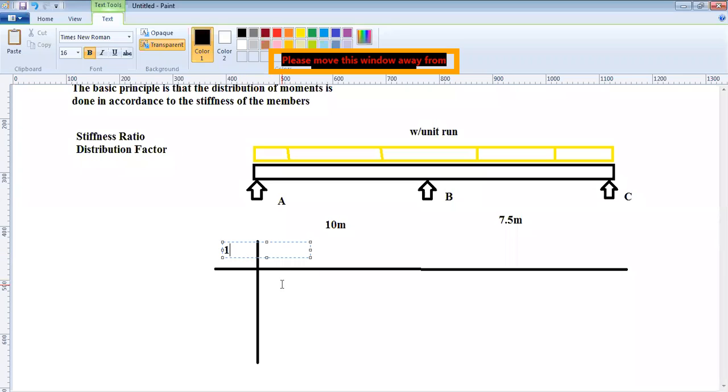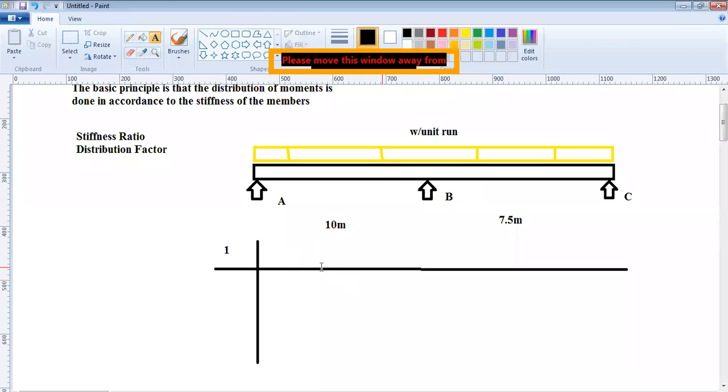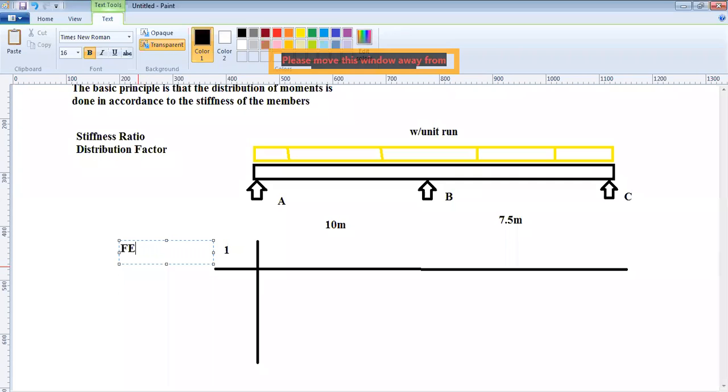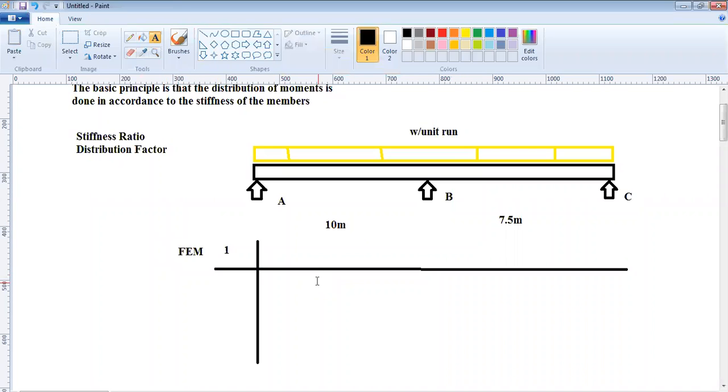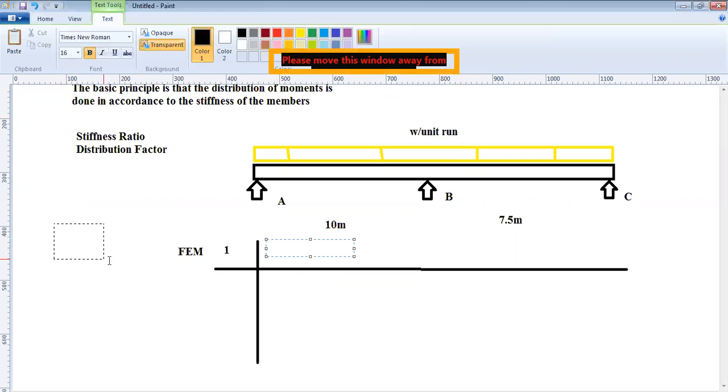So what we actually did was that in the first step, this is step number 1, we made the ends fixed. All of the ends were clamped. They were made fixed. And once you have the end fixed, now what will be the fixed end moment here at this location?